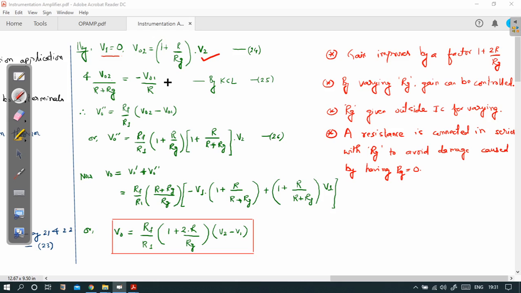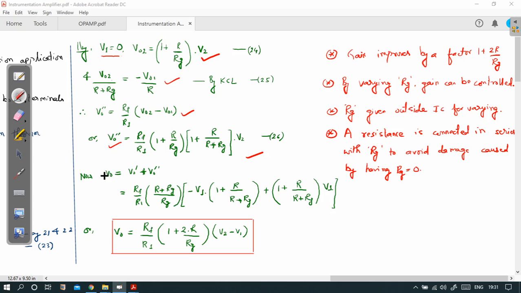Use this equation, and by applying KCL this will come, and for the difference amplifier this equation is there. Put the values of VO2 and VO1 from these two equations into this, and you will get an equation for VO double dash.